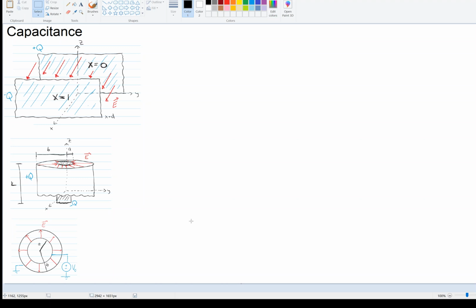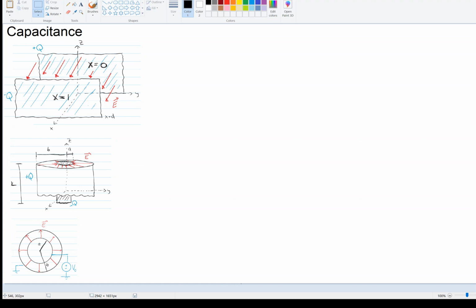Let me draw your attention to my figures here. I have three separate capacitors. I have the rectangular version, with two flat plates, and we've calculated the electric field inside those plates before.